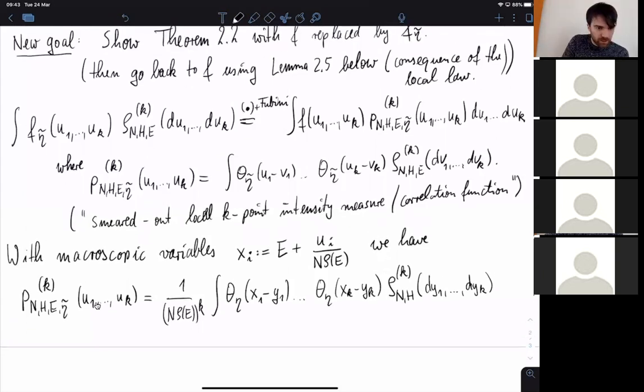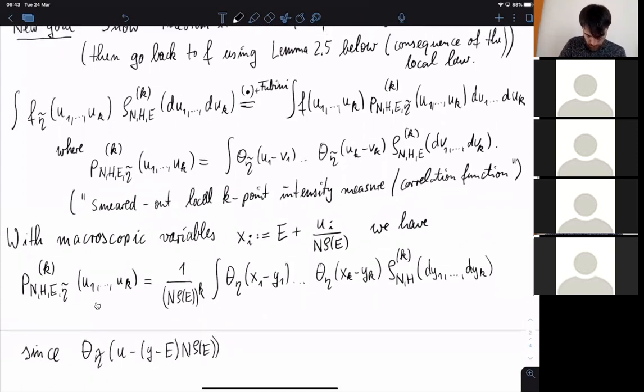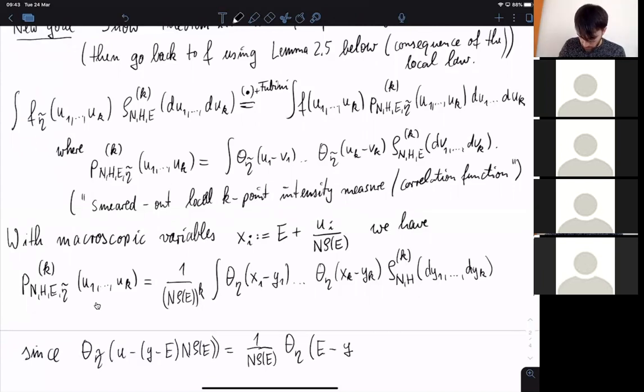The main thing you have to notice there is that the theta of eta tilde of u, this following expression, which is in terms of the microscopic variables, I can express in terms of the macroscopic variables as follows. This looks like this, and then I have a theta of eta (E minus y plus u over n).